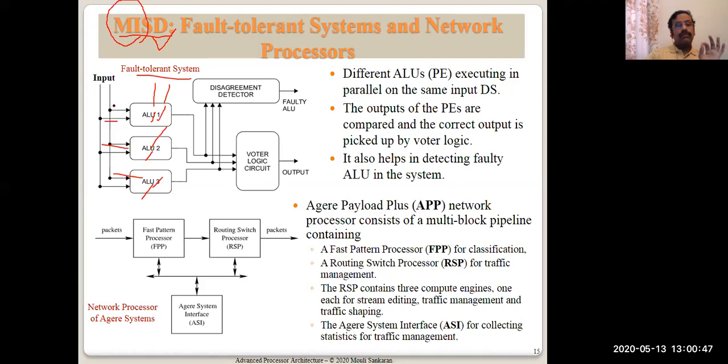You are free to give different instructions to ALUs, but because you are using it as a fault tolerant system, you are having redundant CPUs in the system to catch errors. We want it to operate on the same data as well as the same algorithm.